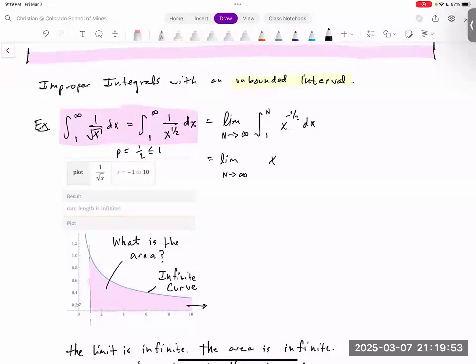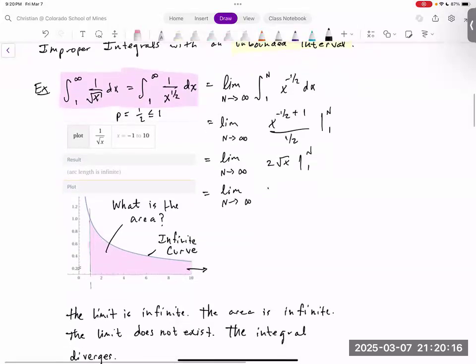We'd use the power rule, x to the -1/2 plus 1 divided by this new exponent, evaluated from 1 to n. Then we'd have the limit as n goes to infinity. This is going to be 2 root x from 1 to n. We still keep writing the limit notation. We have not applied the limit yet. We'd have 2 root n minus 2 root 1, which is 2.